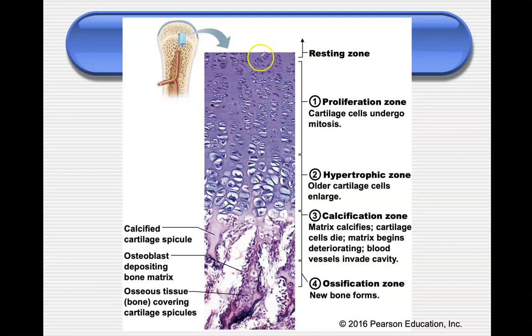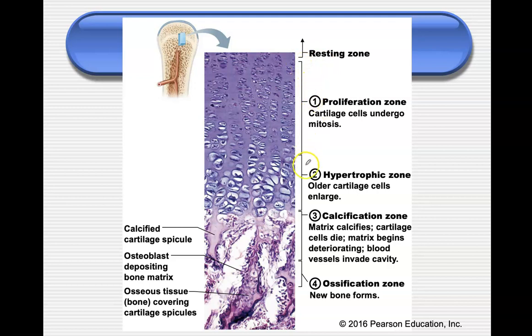So on that kind of periphery, and this is a relatively inactive zone. Not a lot's happening here, and that's because its main job is just to attach the epiphyses to the rest of the bone. So it's basically attaching the epiphyseal plate to the epiphyses.